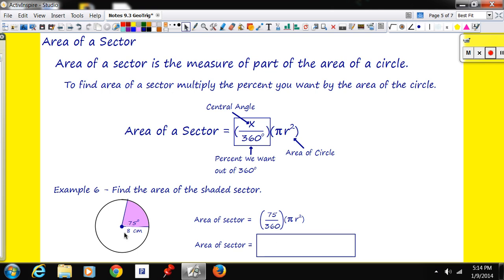The whole angle all the way around would be 360, but I only want 75 degrees of that 360. So if I take 75 and divide it by 360, I get 0.208. And then times pi r squared, times pi times 8 squared, which would be 64 pi. Multiply all this on my calculator, I get approximately 41.9 square centimeters for this shaded area right here.